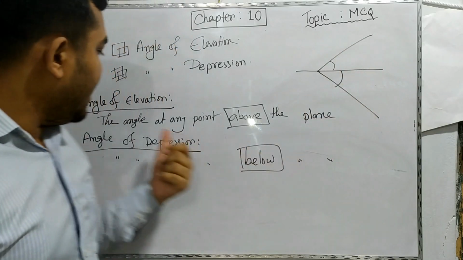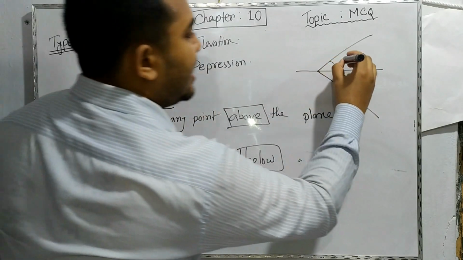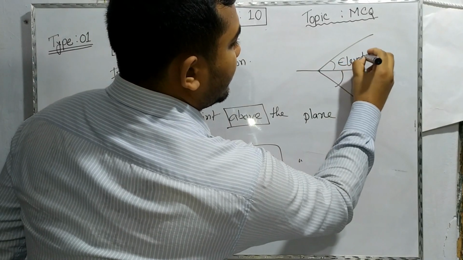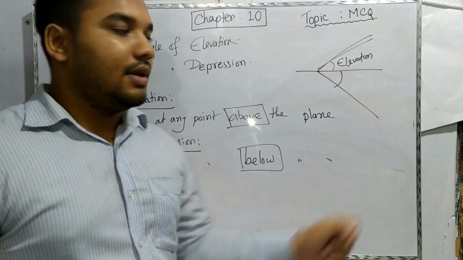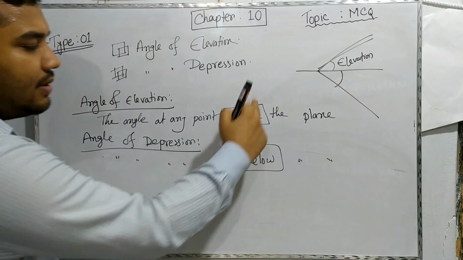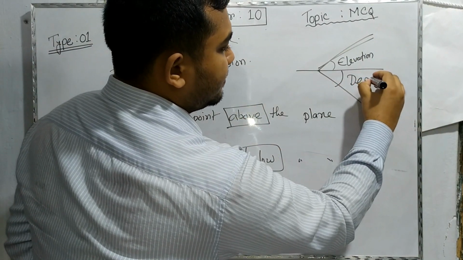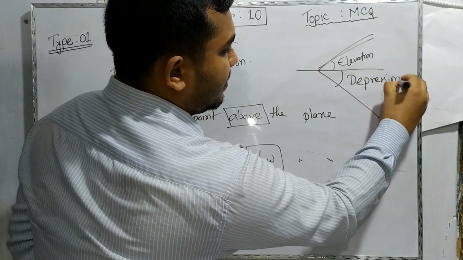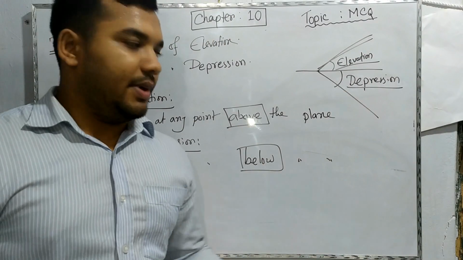So the angle at any point above the plane must be the elevation. This is called the angle of elevation, and here it is below. So the angle at any point below the plane must be the angle of depression.